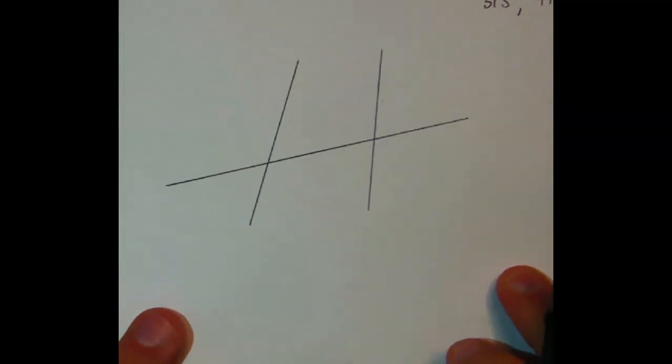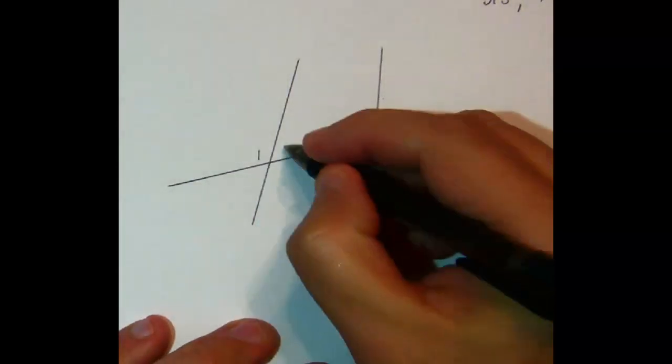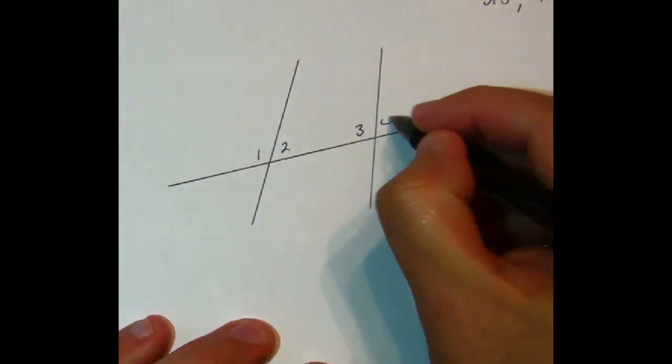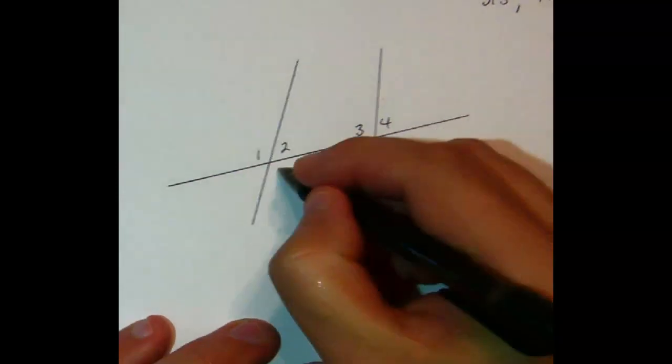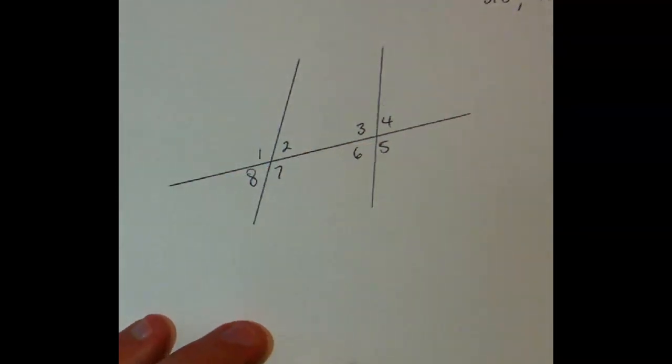Okay, everybody take a piece of paper, draw this picture, pause the video if you need to, and let's label it. Notice I put 1, 2, 3, 4, 5, 6, 7, 8 in different locations, and my picture is turned a different way because you have no idea how these pictures will be presented to you.